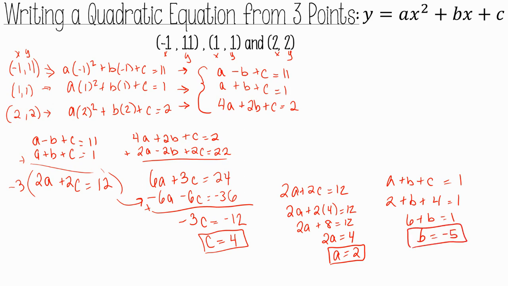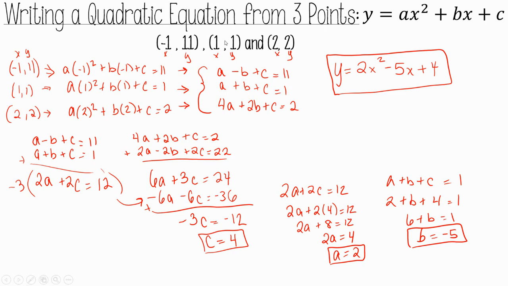So the difference here in all this is that you had to set up your own system, and then instead of writing your answer as a point, you're actually going to write the equation. y equals 2x squared minus 5x plus 4. And again, you can check any of this by plugging in your points.